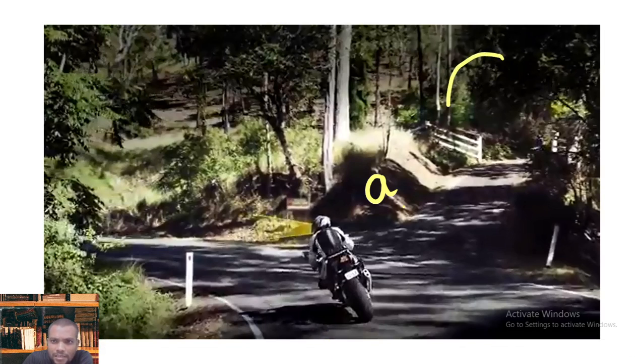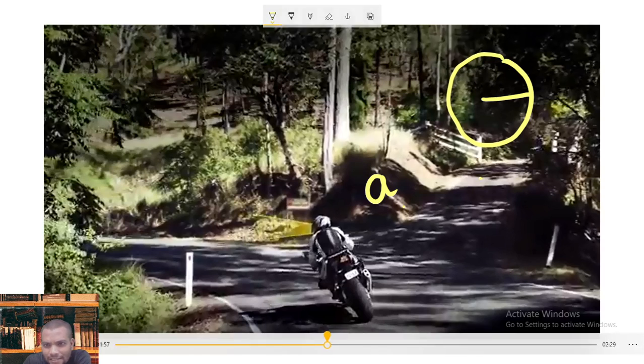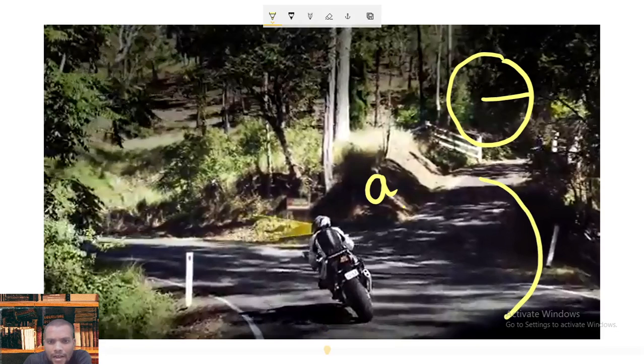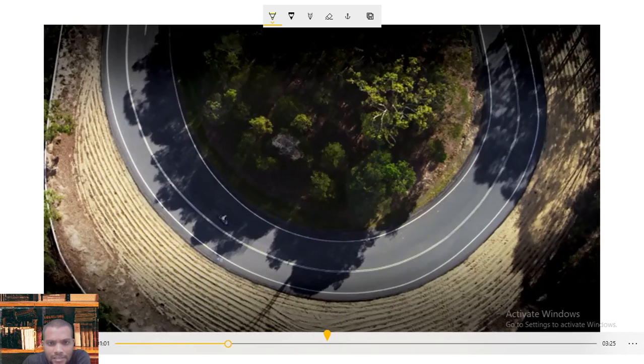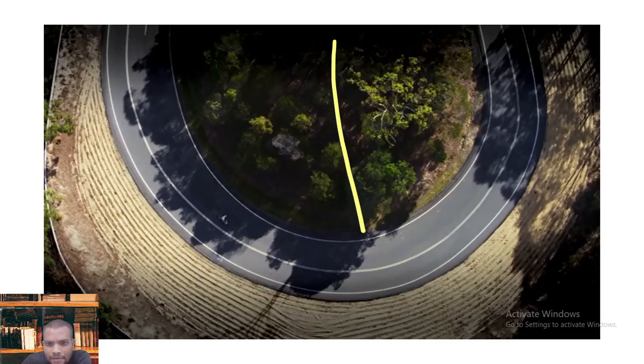Suppose this is a circular track, so the circular track has a radius. It is not necessarily a circle, just like a curve having a radius. So just like this track you take. Suppose this track has a radius of r.